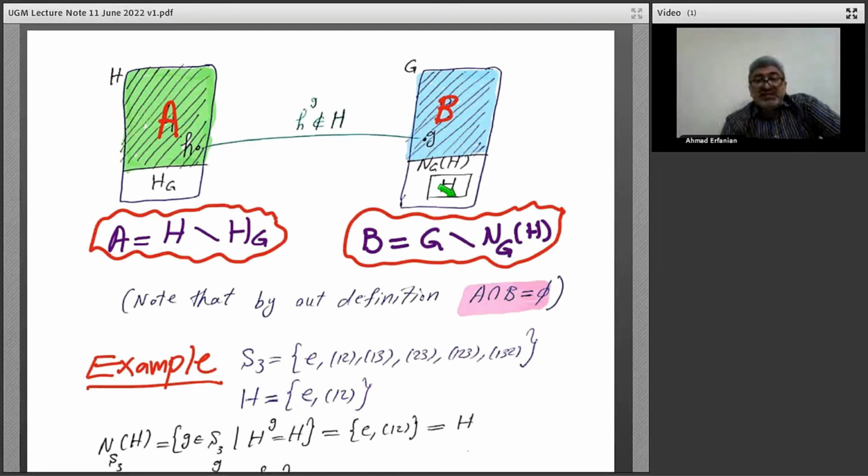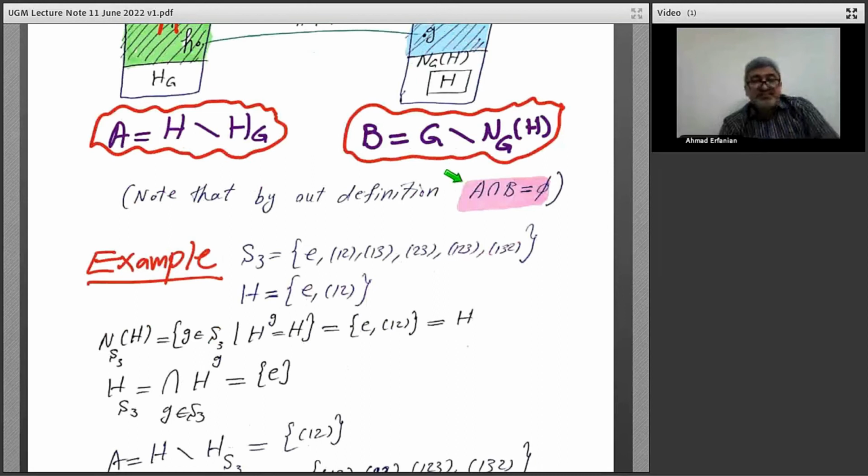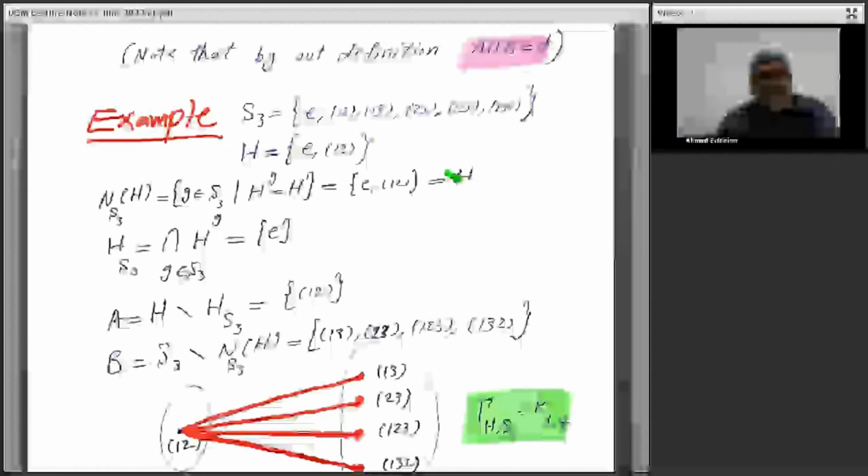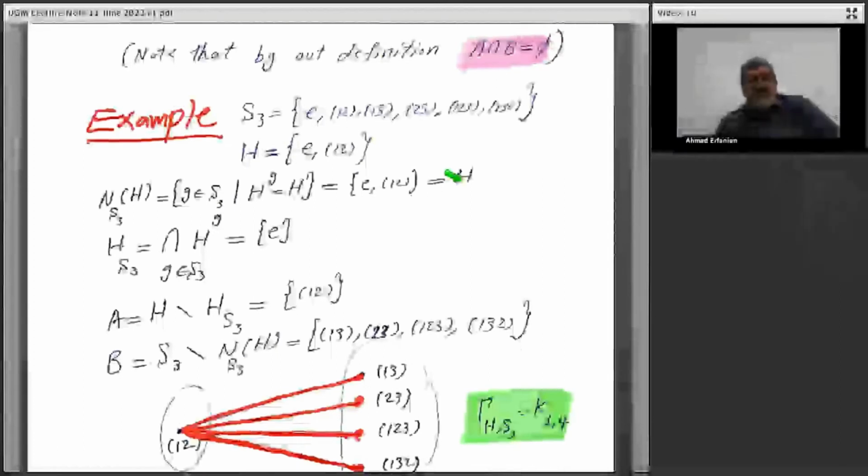You can see that there is no intersection between A and B, because A is a subset of H, and here you can see we remove the whole H from B. So this is the non-normal graph.